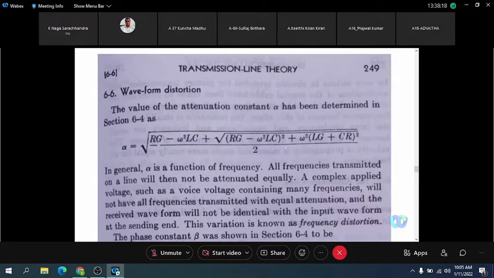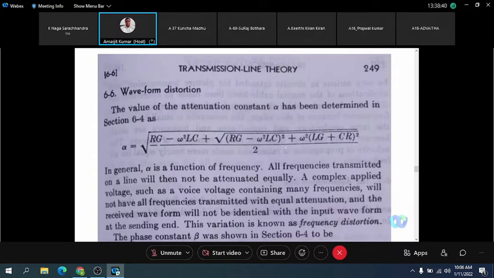How are velocity and frequency related? How will alpha, beta and velocity of the waveform be related to the frequency when we transmit the waveform on a transmission line, and how will it reach the output side?